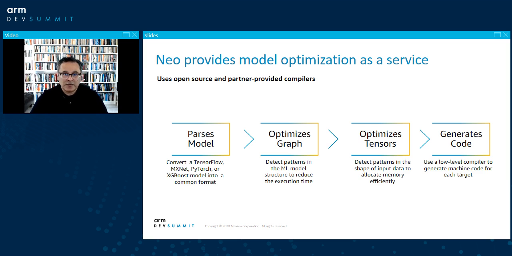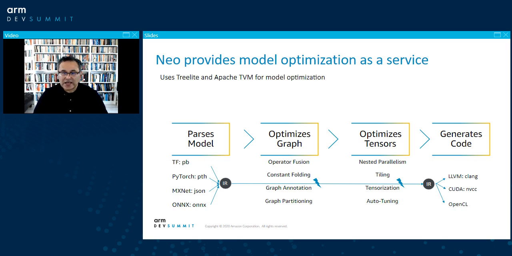Ultimately we generate a representation of the model that can be consumed by a low-level compiler or code generation mechanism, and that generates the machine code. So it takes the model in its original framework-specific form and converts it into a hardware-specific form towards the end of this process, and then we provide you the ability to run that at scale.